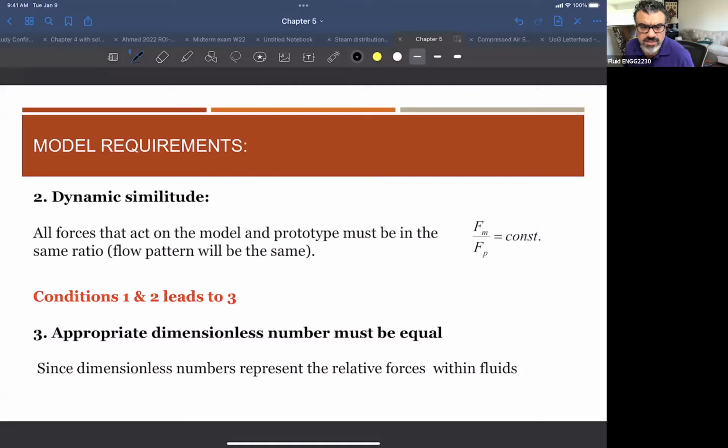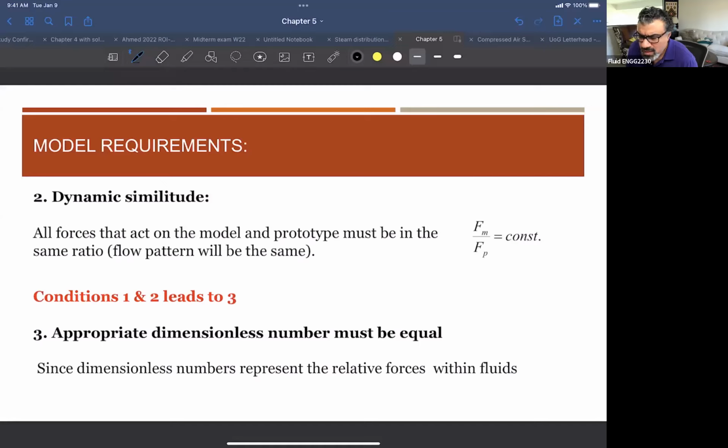Okay, so the second important similarity that you have to make sure is satisfied is something called dynamic similitude, or dynamic similarity. It means that basically all the forces acting on the model must be in the same ratio, right? It has to be a certain kind of scale. And of course, you are expecting the scale of the dynamic forces should be somehow related to the geometrical scale, right?